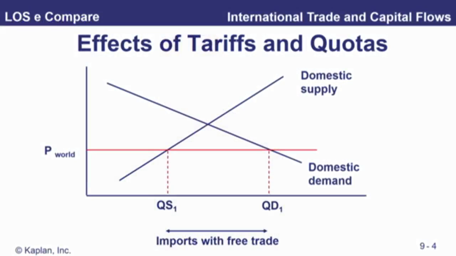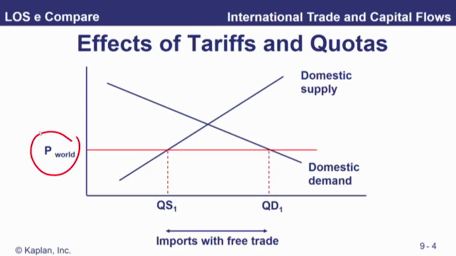So here we have a nice straightforward supply and demand diagram, but it's domestic supply and domestic demand. Obviously, without world trade, if we only had domestic supply, domestic demand, there's your beautiful equilibrium and there's your price. Here is your quantity. But we are allowing trade. So if we allow trade, we look at the world price. World price is here.